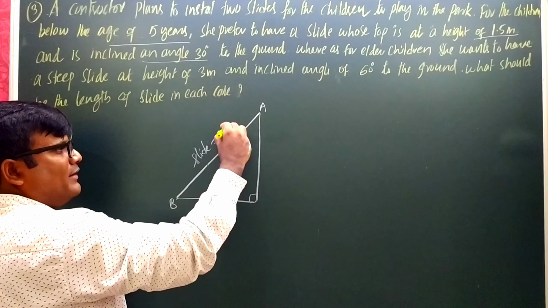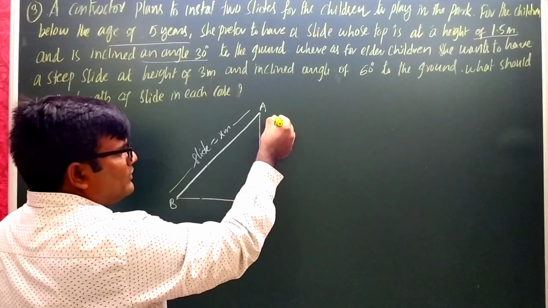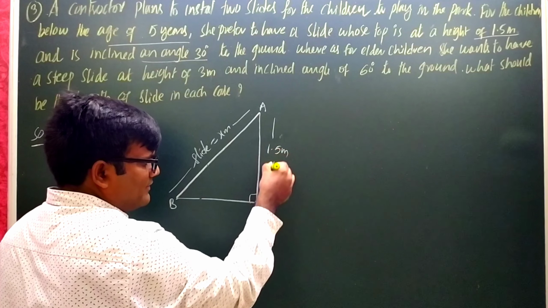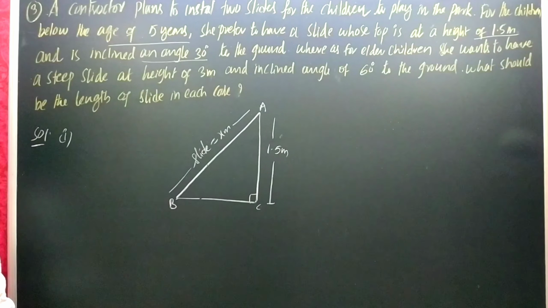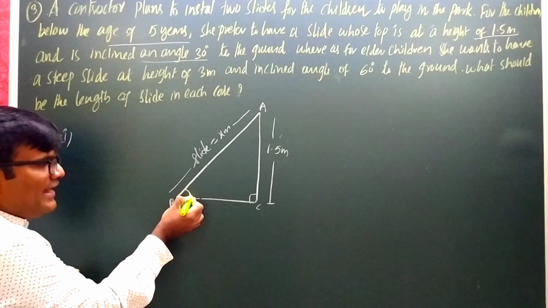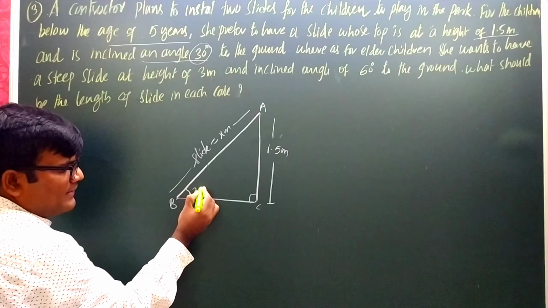This one we need to find. I'm taking this one as x meters. Now the height is given in the first case, that is 1.5 meters. The height of the slide is 1.5 meters. The angle between slide and ground is given as 30 degrees.